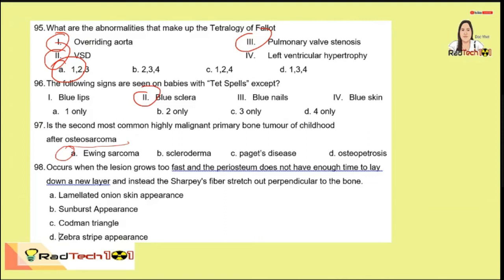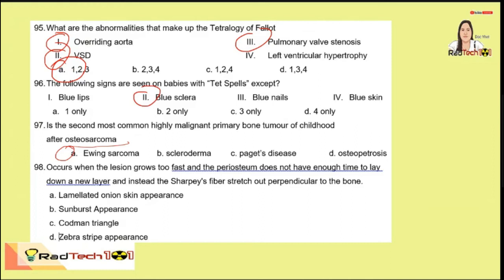And then yung Paget's disease naman, second most common type of bone disease after osteoporosis. So ang osteopetrosis naman, it is a weak bone, so making them fragile and more likely to break.